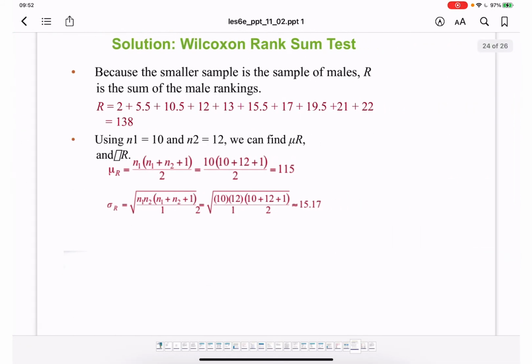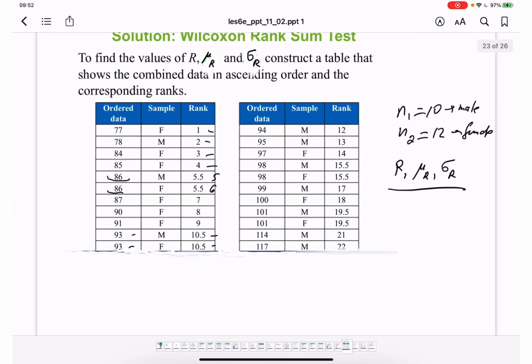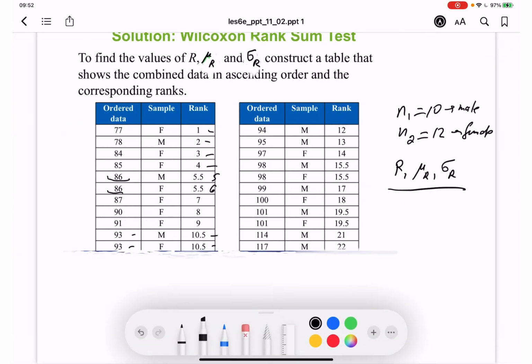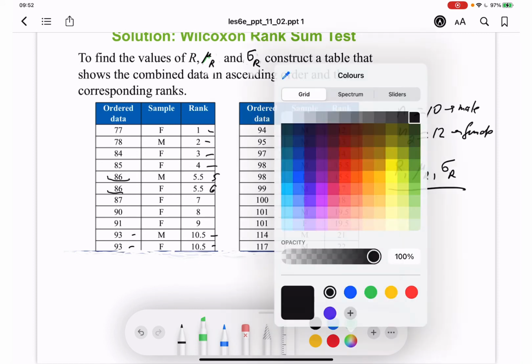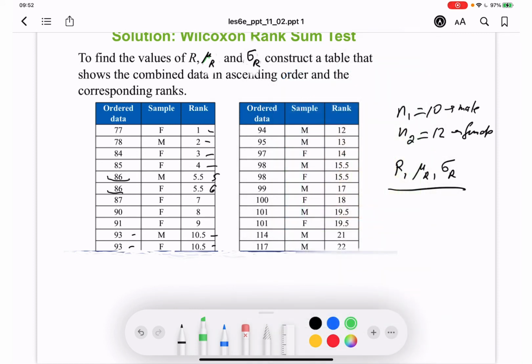Because the smaller sample is the sample of males, the R sum is going to be calculated from the male ranks. Since male is a smaller size than female, we choose the ranks of all males. This one, and this one, this, there, this.